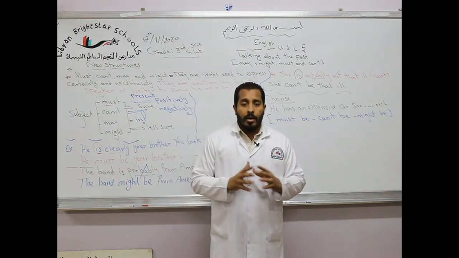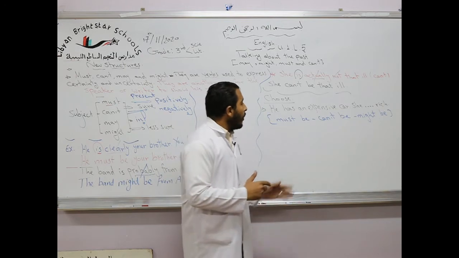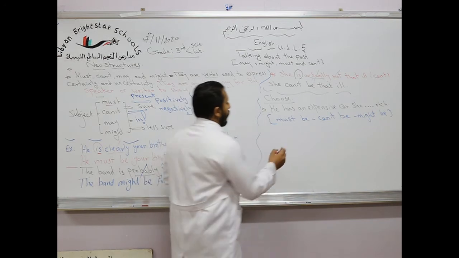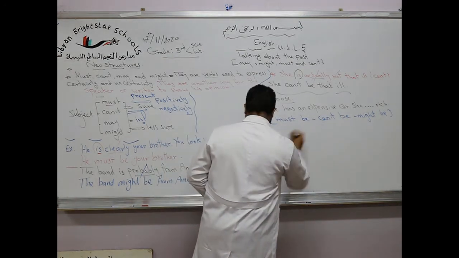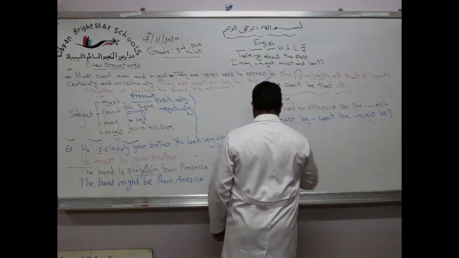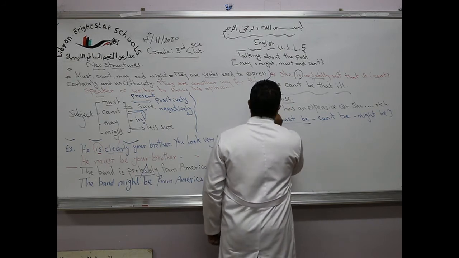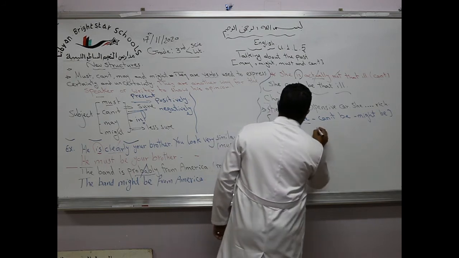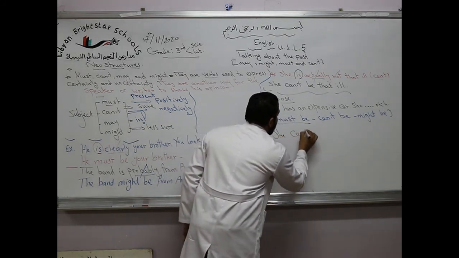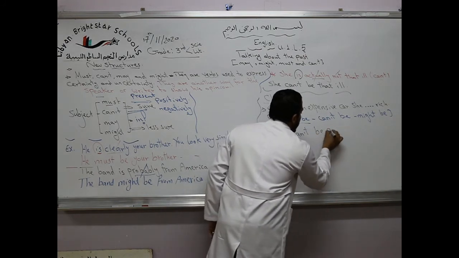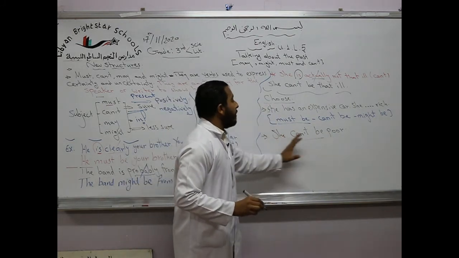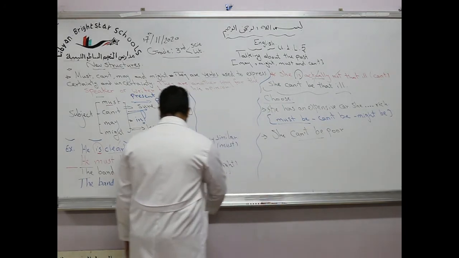He bought a car with a lot of money, so she must be rich. She must be rich. It has the same meaning as she can't be poor. Must be, I'm sure, positively, but can't be, I'm sure, negatively.